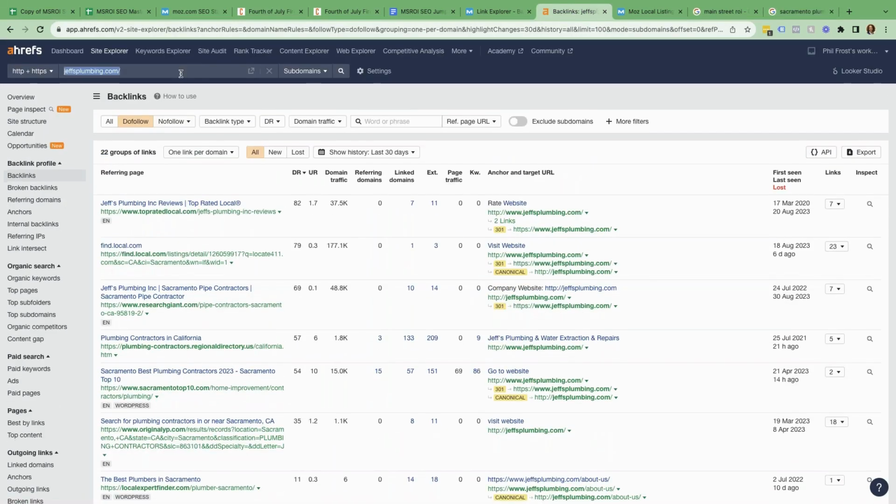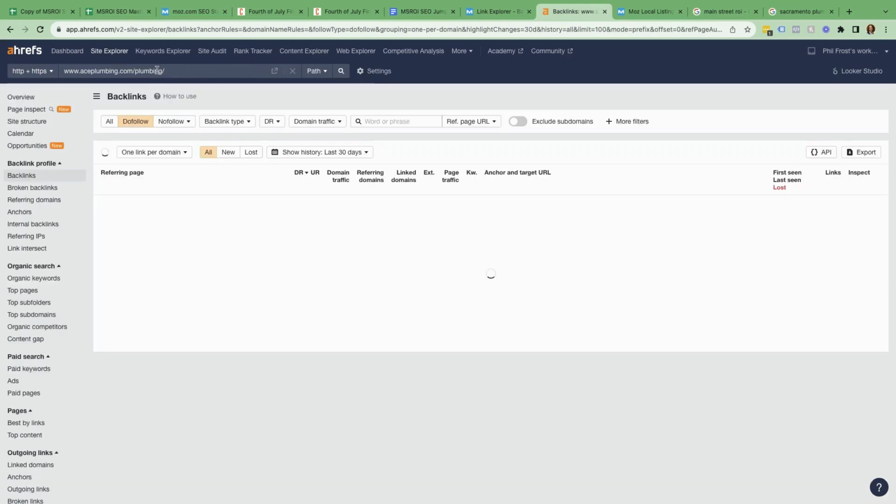I'm just kind of curious to see. Let's look at the interior page first. I'm assuming it's not going to have very many because it is an interior page. Generally speaking, most backlinks are concentrated to the domain itself. So I'm just doing this to show what the difference looks like. Doesn't look like it likes it.